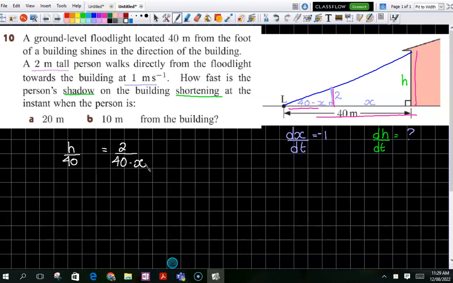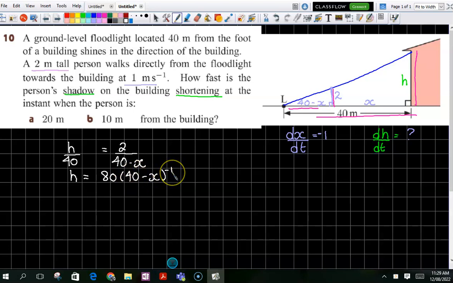You could simplify that if you like to. Shall we? I'm probably not going to cross multiply. I'd probably go as simple as saying that H is 80 times 40 minus X to the minus 1.